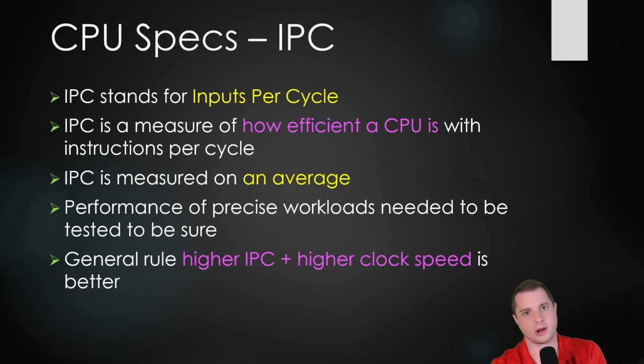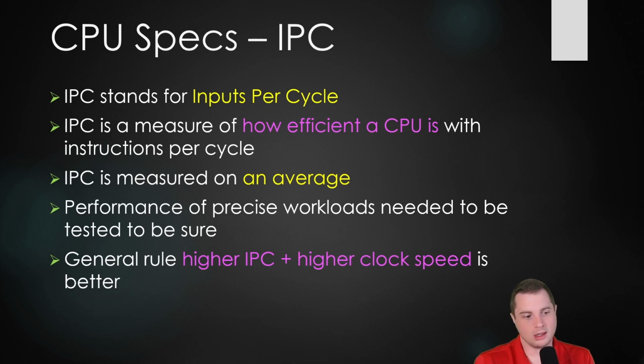You can be incredibly efficient if you have one task to do. Our CPUs can't do that. We ask it to do basically everything we throw at it, so it's not very efficient. So IPC is measured on a average, and that's a big part of it. How efficient can you be per cycle when you don't know what the software is going to request?